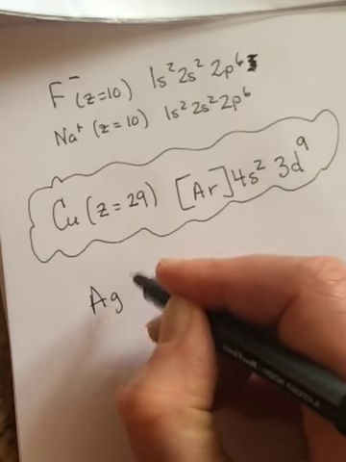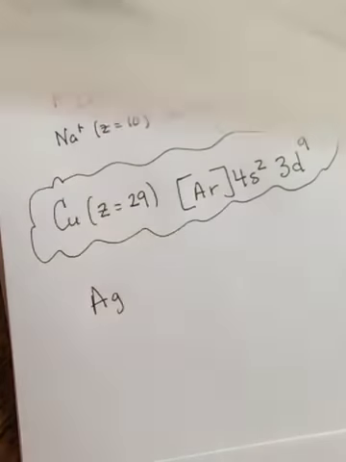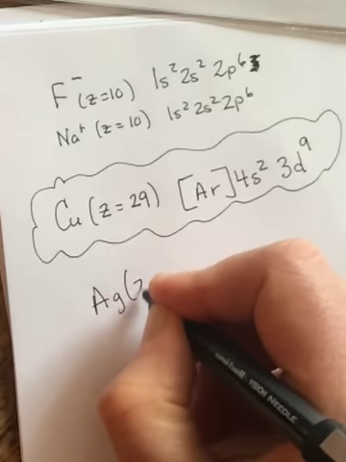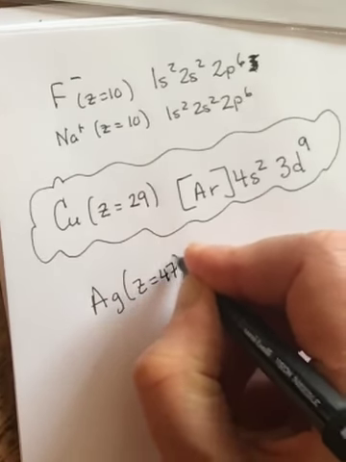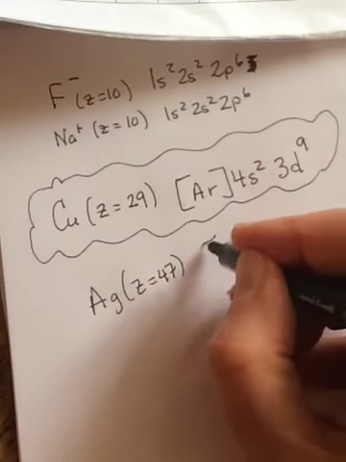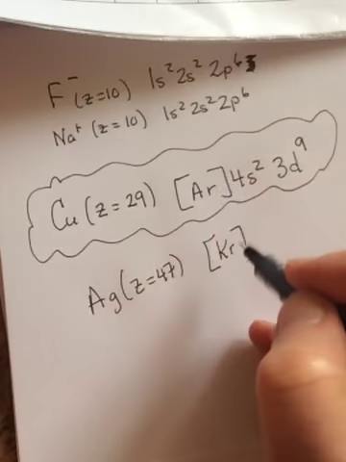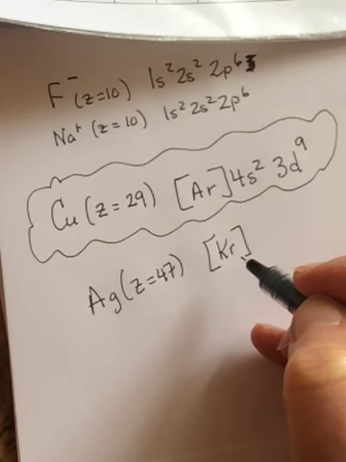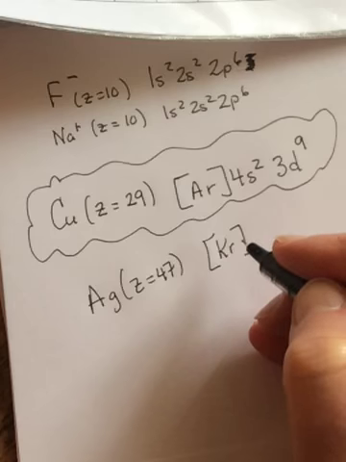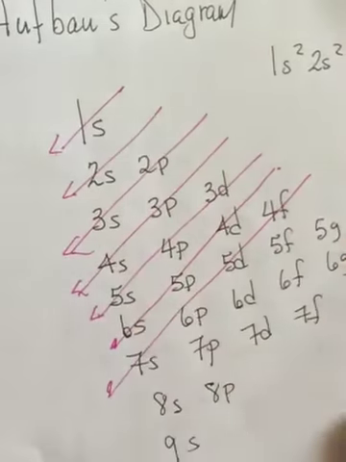Silver's atomic number is 47. The noble gas that precedes silver is the one right under argon. It's krypton. And if argon ended with 3p6, krypton must end with 4p6. What comes after 4p6 in Aufbau's diagram? 5s2.